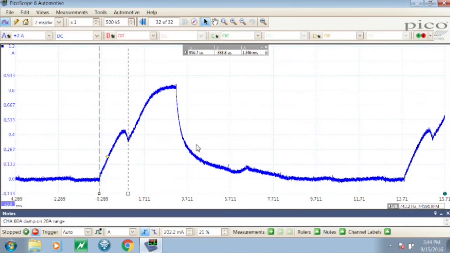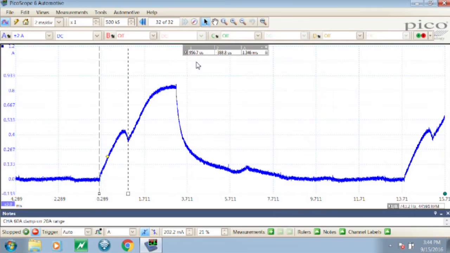The Bosch injector was 837.5 milliamps draw with an injector offset, as we see here, of 956.7 microseconds.